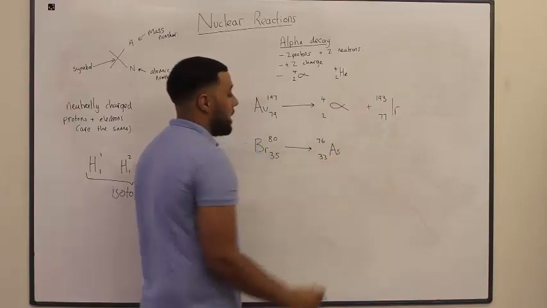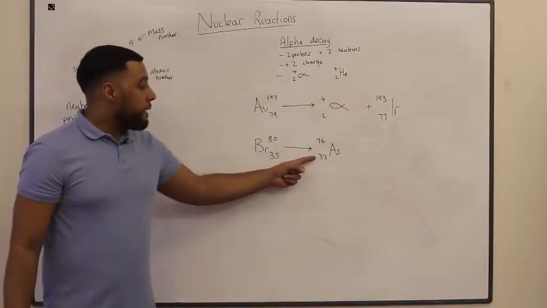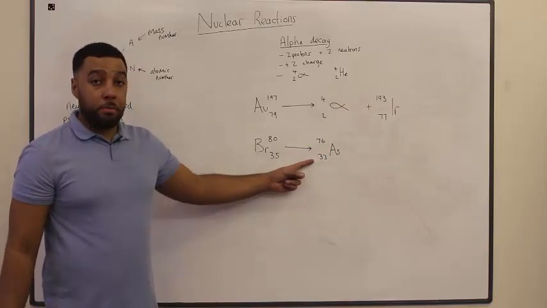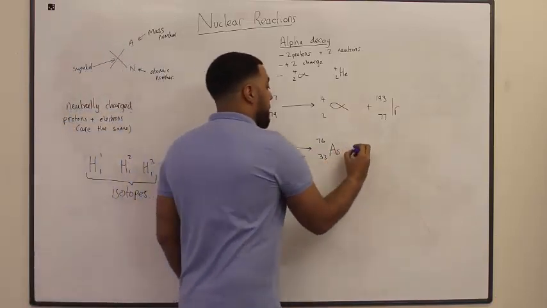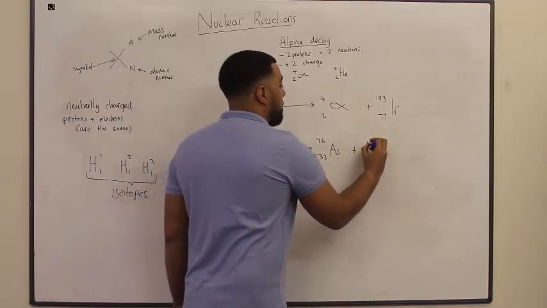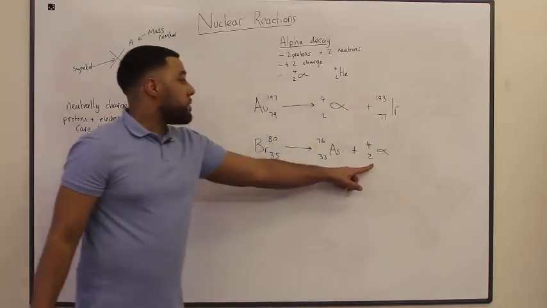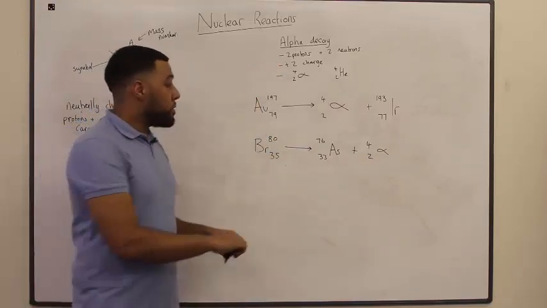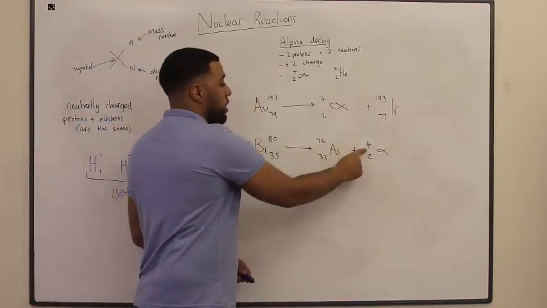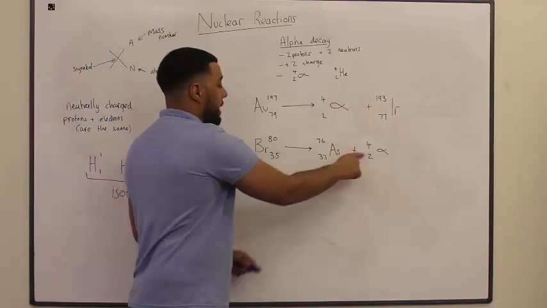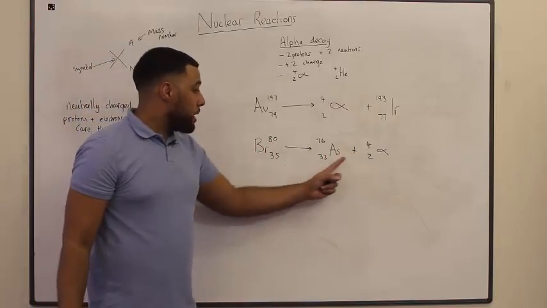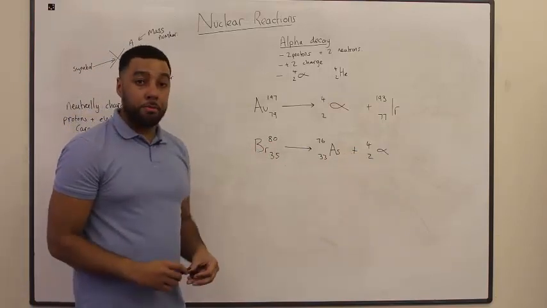Using the periodic table, I can find the chemical symbol for the isotope. But I've also got my alpha particle that was emitted from the nucleus. And you'll see that the mass numbers on this side add up to the mass number on this side. So do the atomic numbers add up.